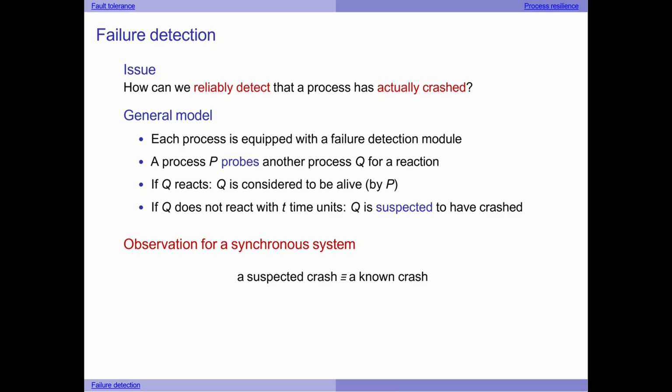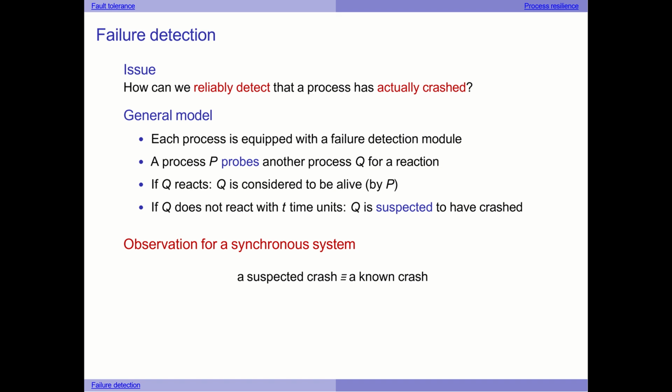All right, now we will look into a new topic on fault tolerance, which is failure detection. We need to address the issue of how we can reliably detect that a process has actually crashed. There is a general model for it where each process is equipped with a failure detection module.